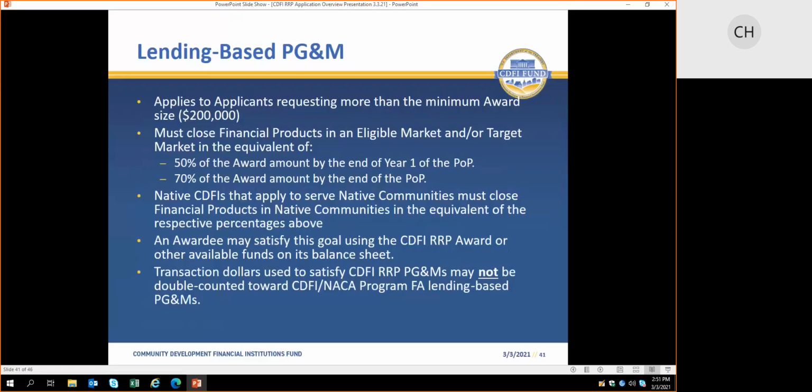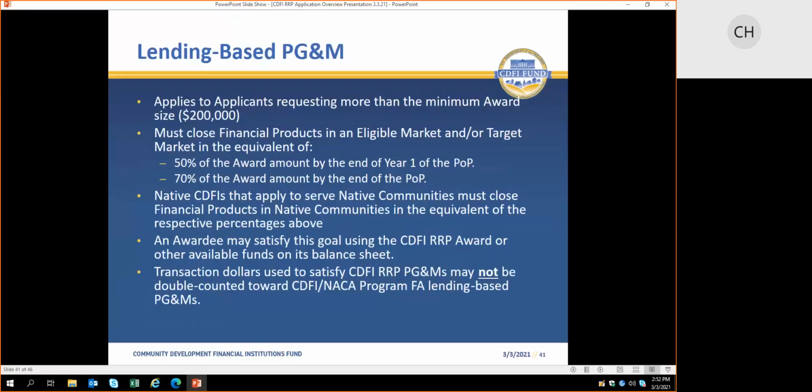This is very important for those of you that have received supplemental awards to your CDFI or NACA program Financial Assistance Program awards in the past. You'll probably be familiar with this. But transaction dollars used to satisfy RRP PG&Ms may not be double counted towards CDFI program or NACA program FA lending-based PG&Ms.